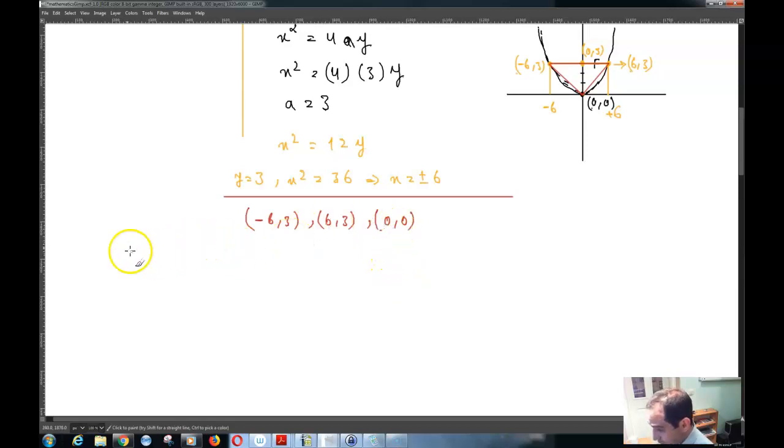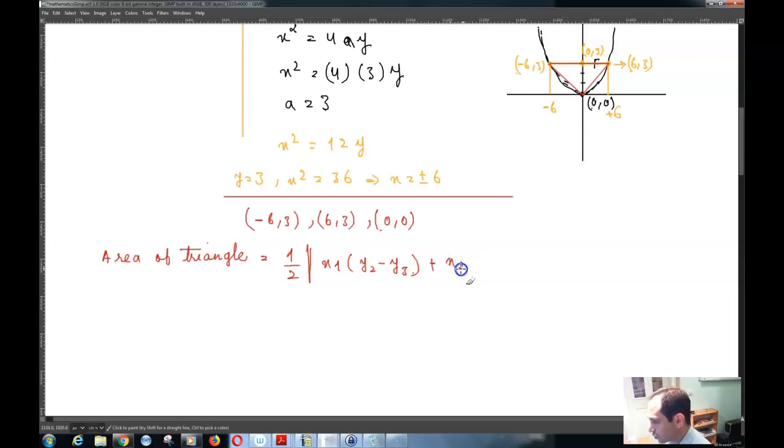Now the area of a triangle with 3 known vertices is equal to 1/2 of the absolute value of x1 times (y2 minus y3) plus x2 times (y3 minus y1) plus x3 times (y1 minus y2).